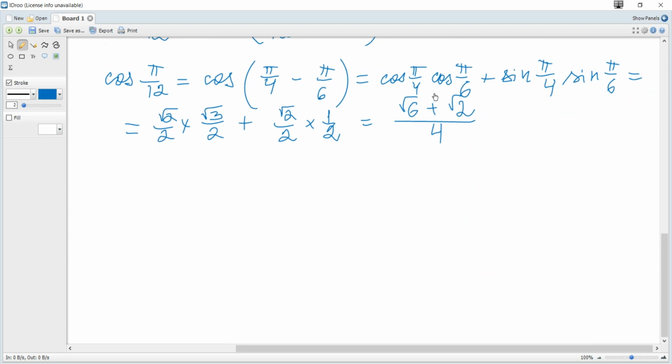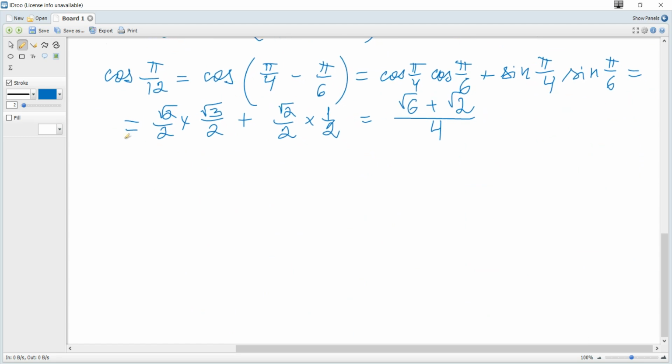We can use a similar expression and write cosine of 5 pi over 12.